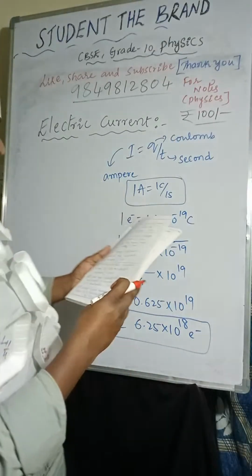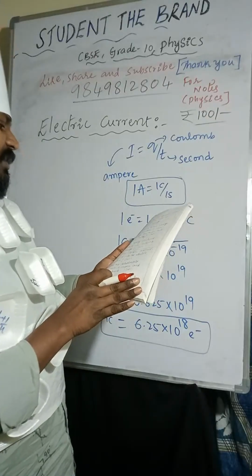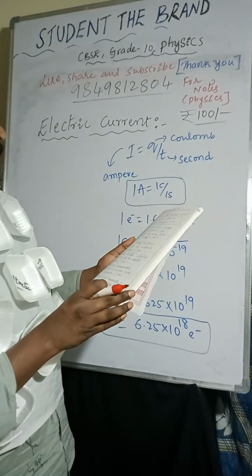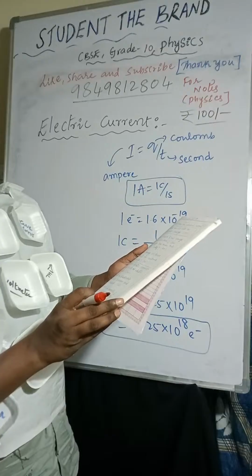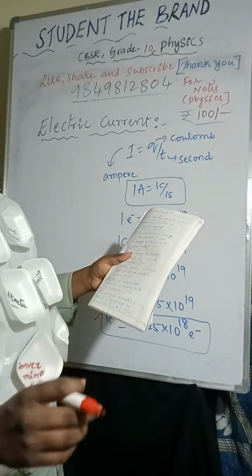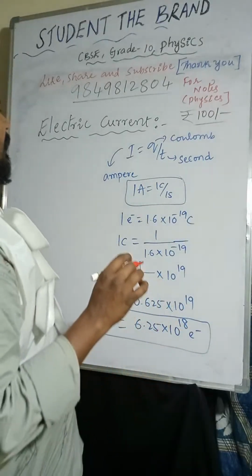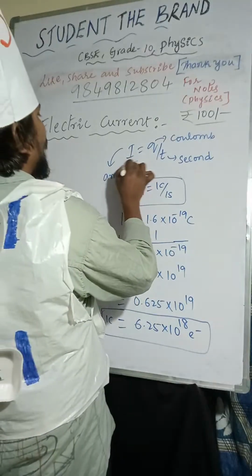Define electric current and the SI unit of electric current. Electric current is nothing but the rate of flow of charge.